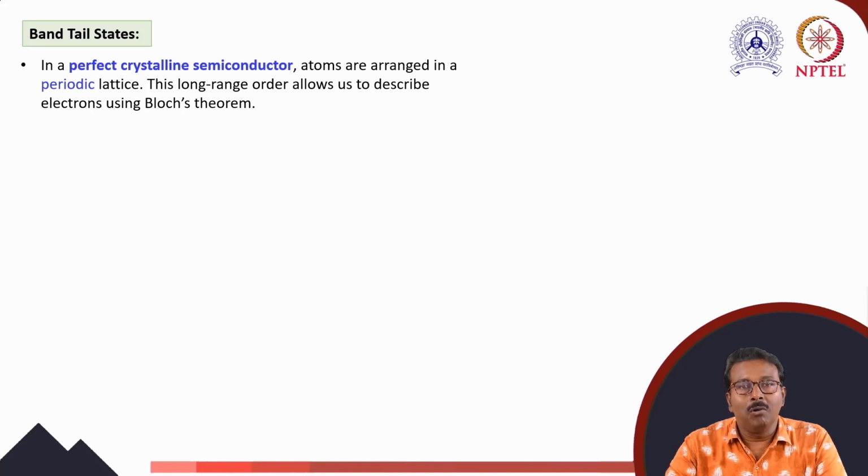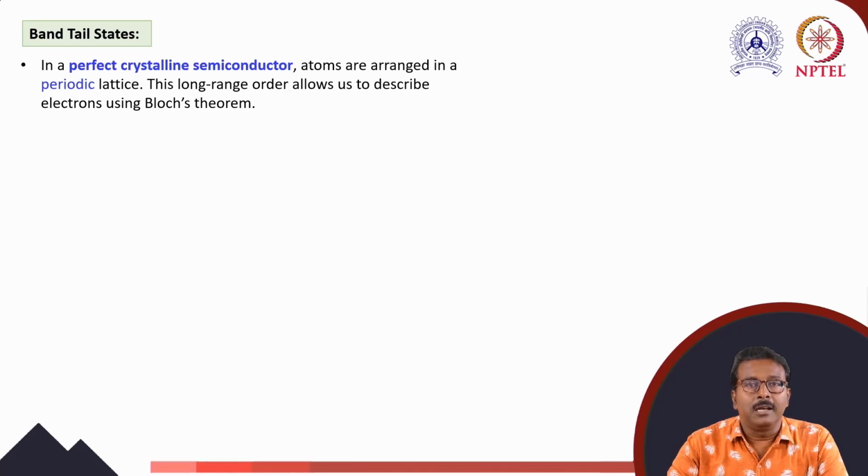And this long range periodicity allows us to describe electrons using the Bloch function or Bloch theorem. We derived the expression for density of states in a perfectly crystalline semiconductor material in some earlier classes.